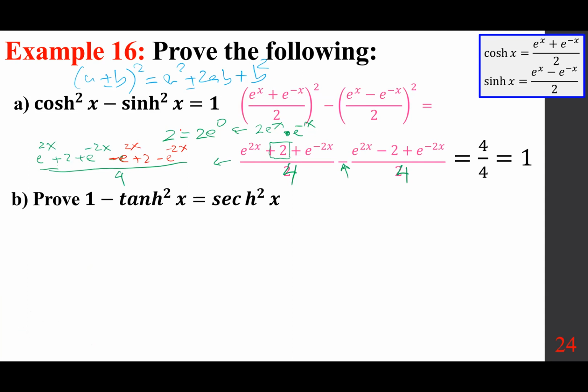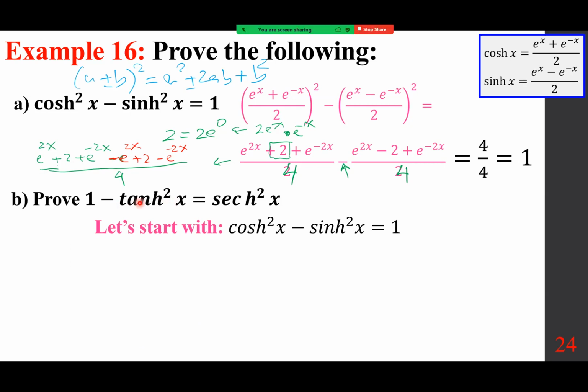We want to prove that 1 minus hyperbolic tangent squared is hyperbolic secant squared. So we are going to start with one of those identities, which was cosh squared minus sinh squared equals 1. In order to get 1, let's divide everything by cosh squared.